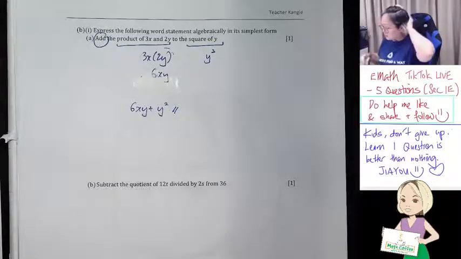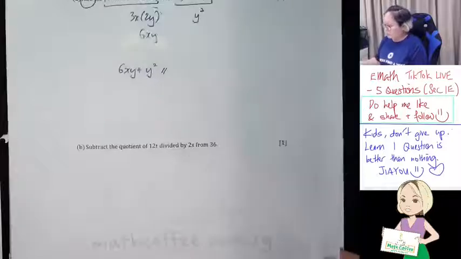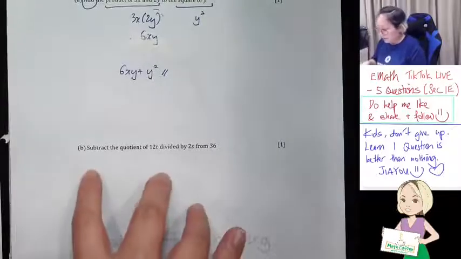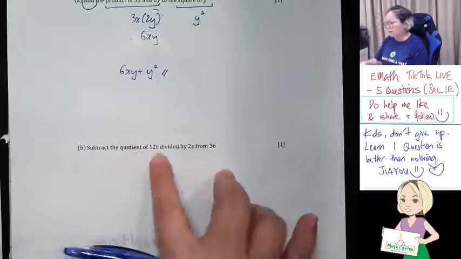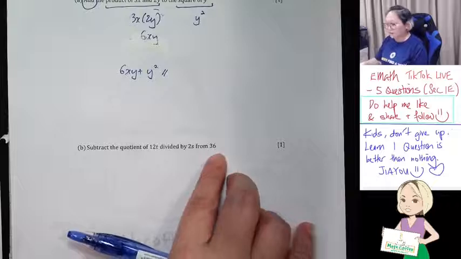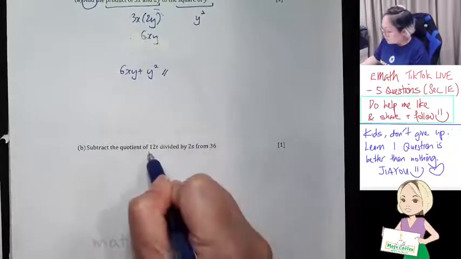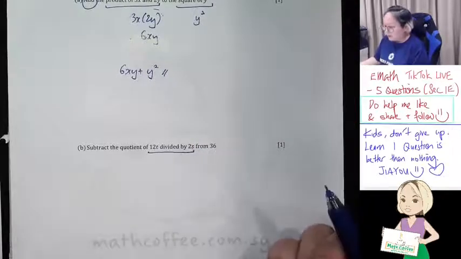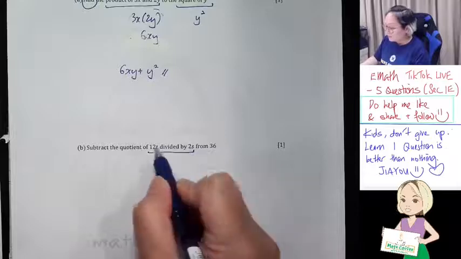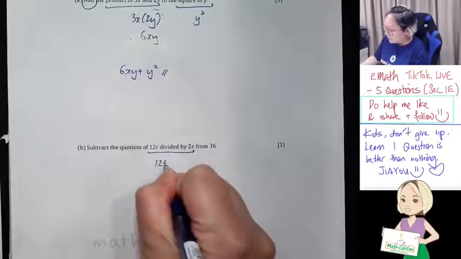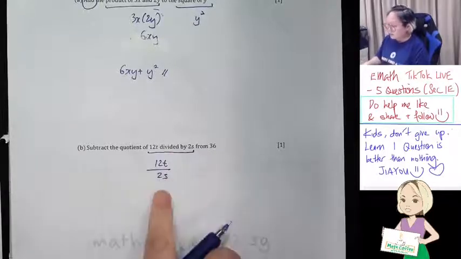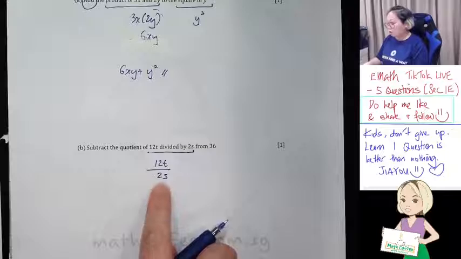Okay, now let's move on to the next one. Subtract the quotient of 12t divided by 2s from 36. So when you divide by something, that's called a quotient. So 12t divided by 2s. So actually this whole thing is called a quotient.